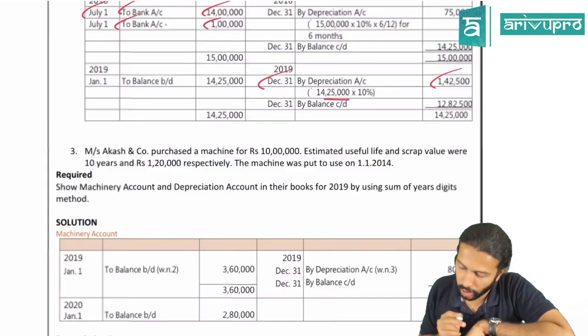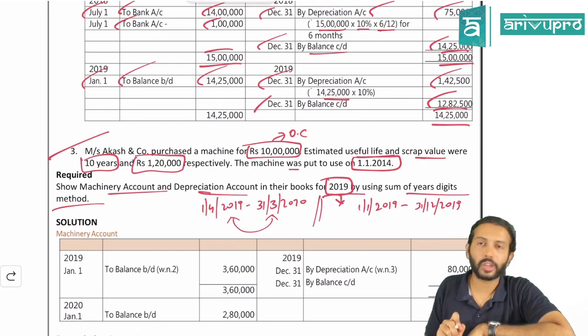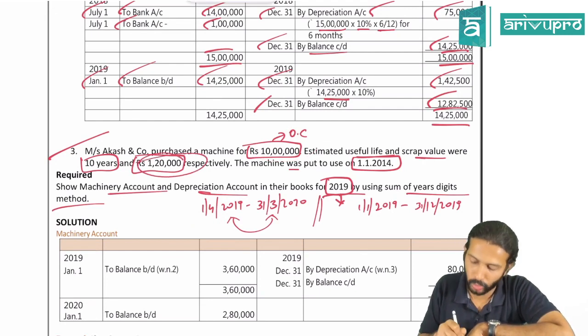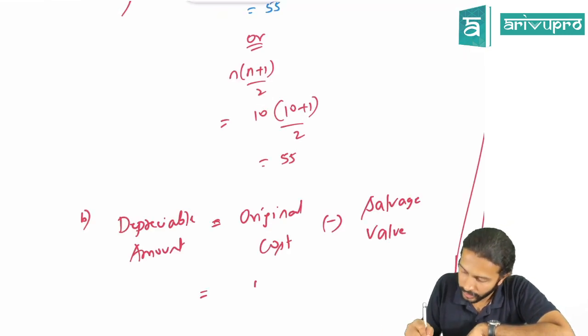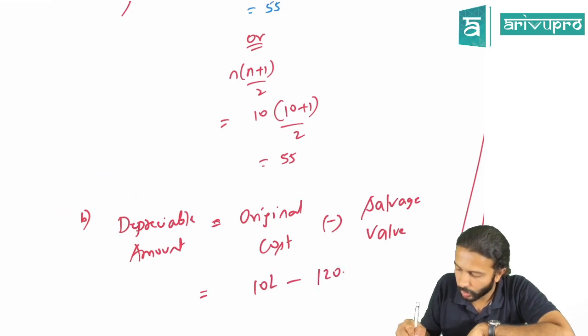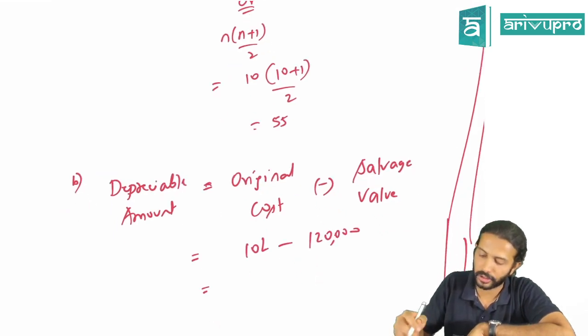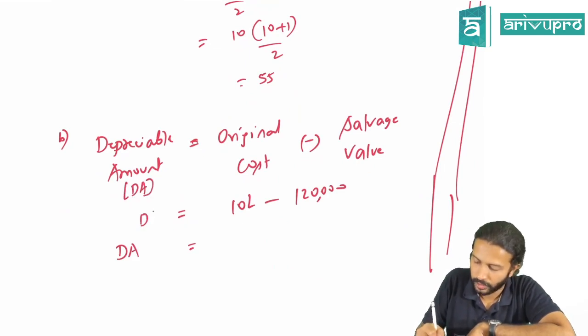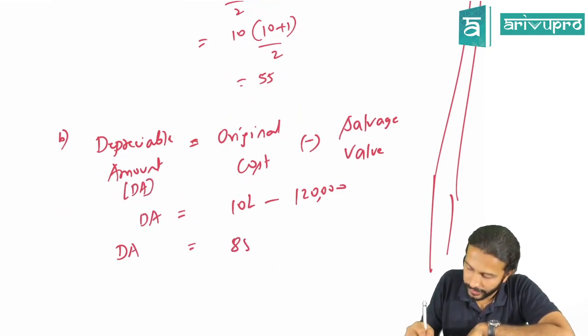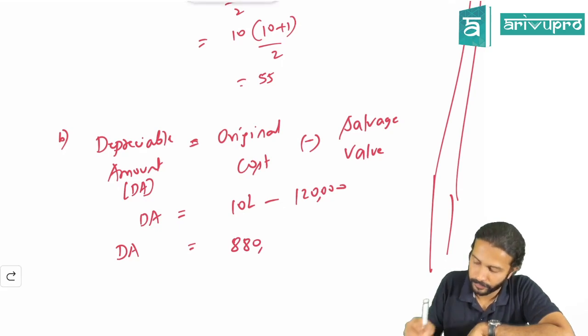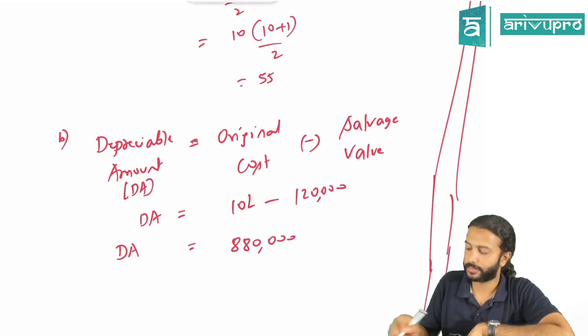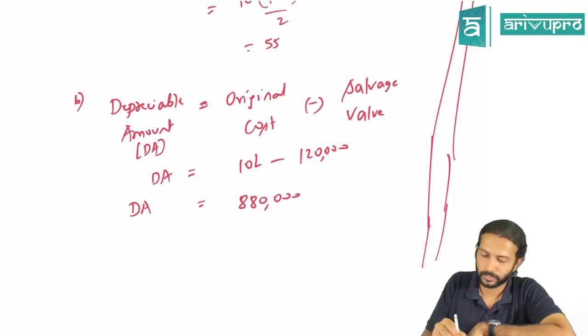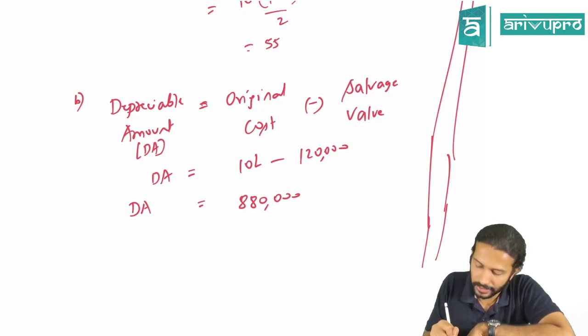Original cost is 10 lakh. Salvage value is 1 lakh 20,000. So 10 lakh minus 1 lakh 20,000. We'll call that DA. DA is 8 lakh 80,000. Everybody okay with this calculation?